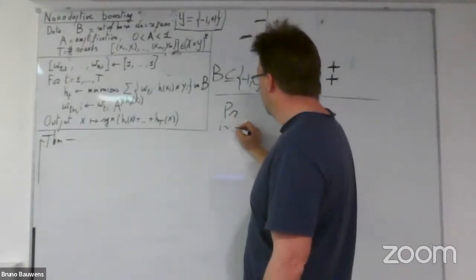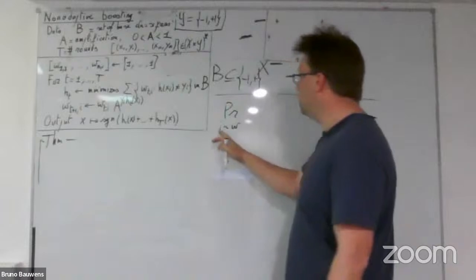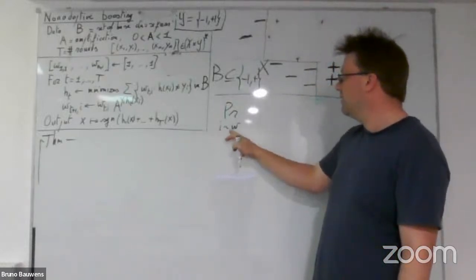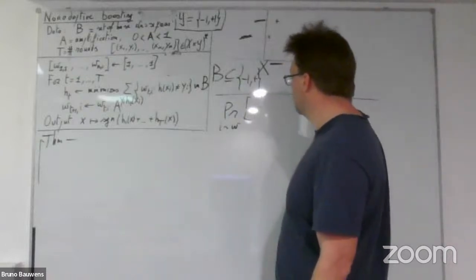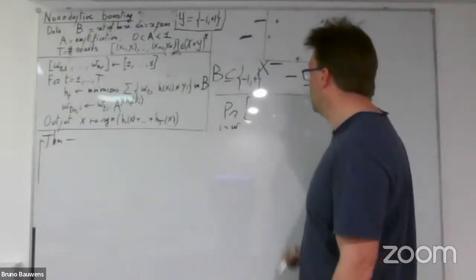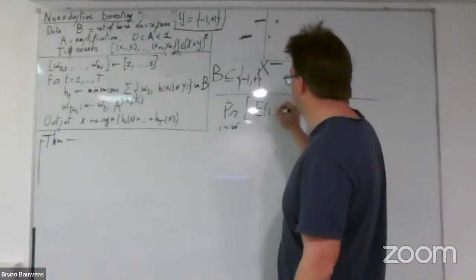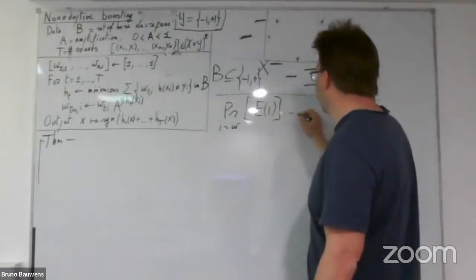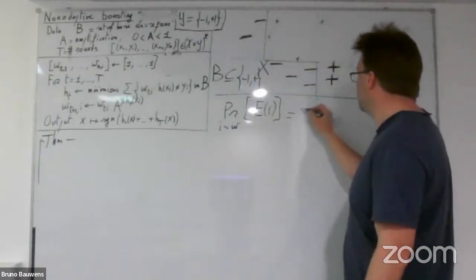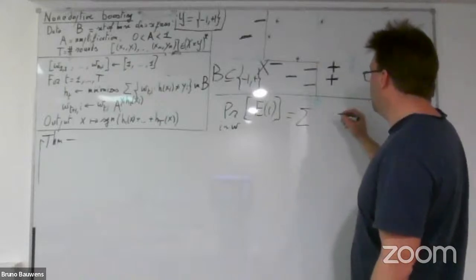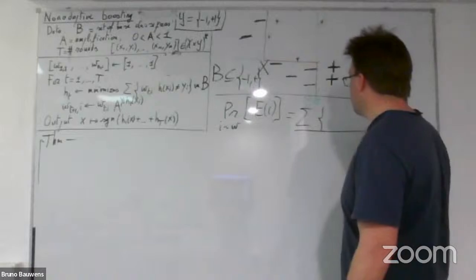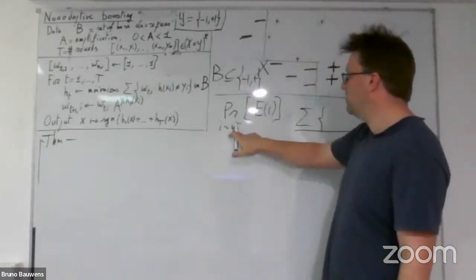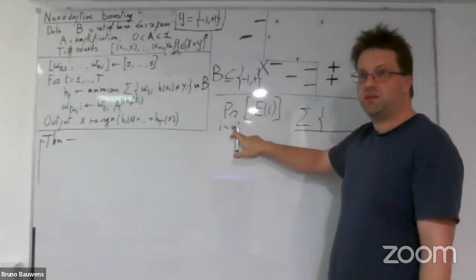So when we have a vector of weights and we say that we sample i according to W, the probability of a certain event E(i) is just equal to the sum, we just normalize the weights and treat them as probabilities.